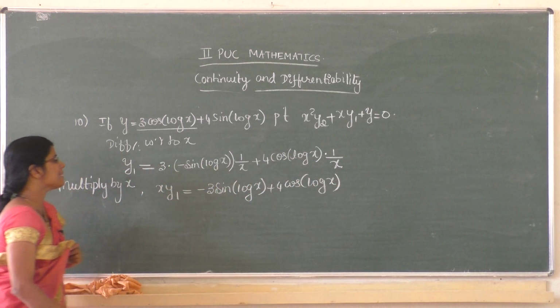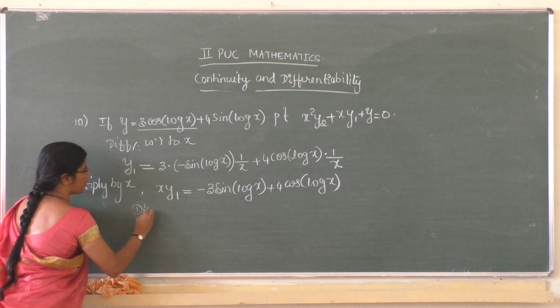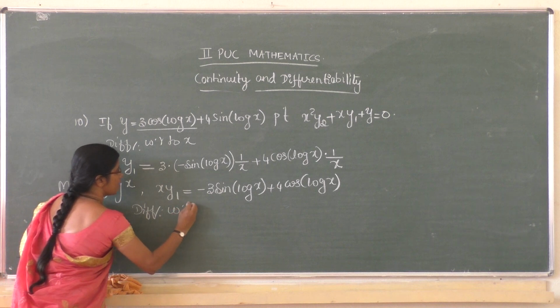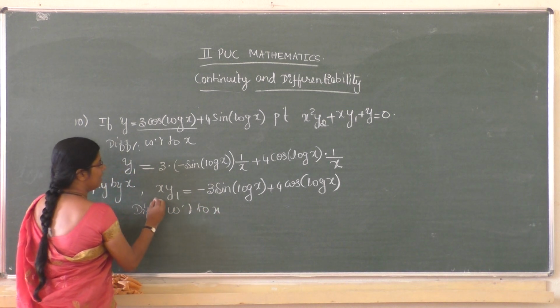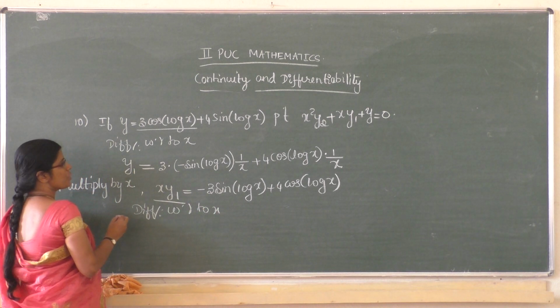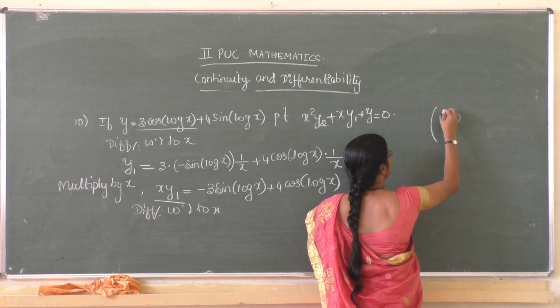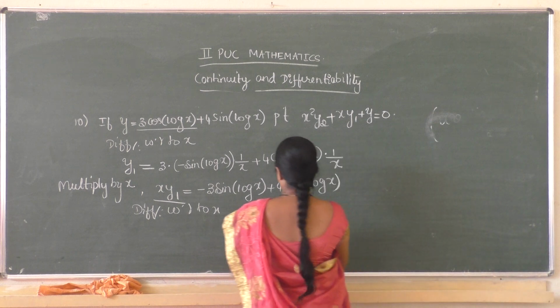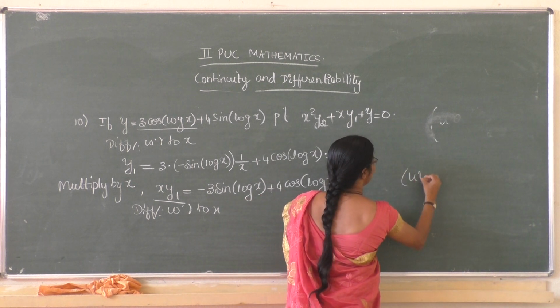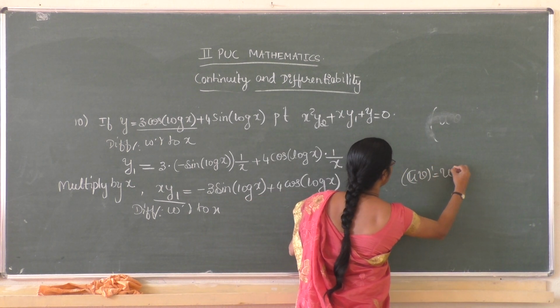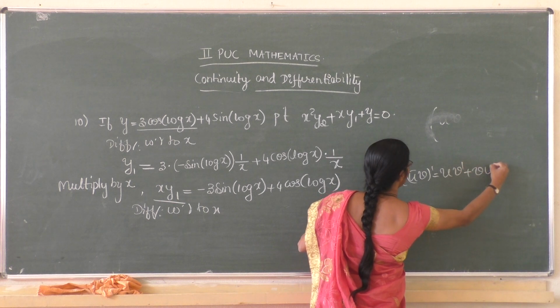Once again differentiate with respect to x. Here we have a product, so we take the product rule, that is uv dash is equal to u into v dash plus v into u dash.